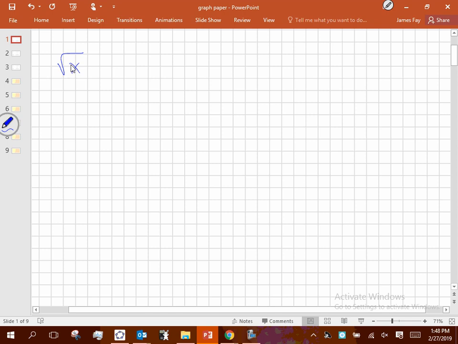So if my input is 3, and I put that in there, I get radical 3. So that's my input. How do I undo radical 3 to get back to just 3? Square it. If I square that, I get back to 3, right? So does that make square rooting and powers of 2 inverses to one another? Okay.